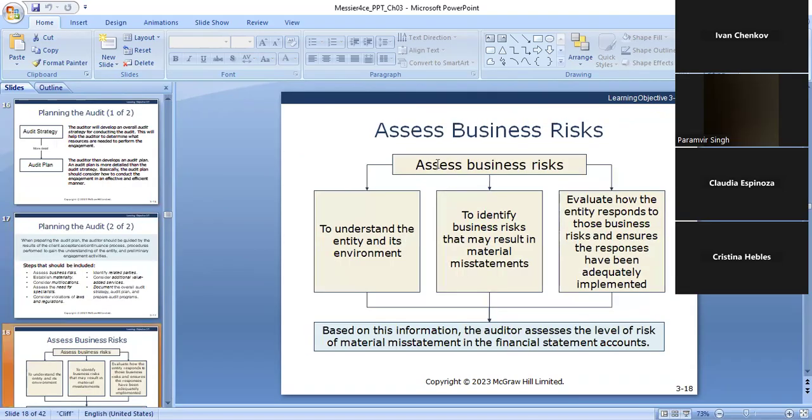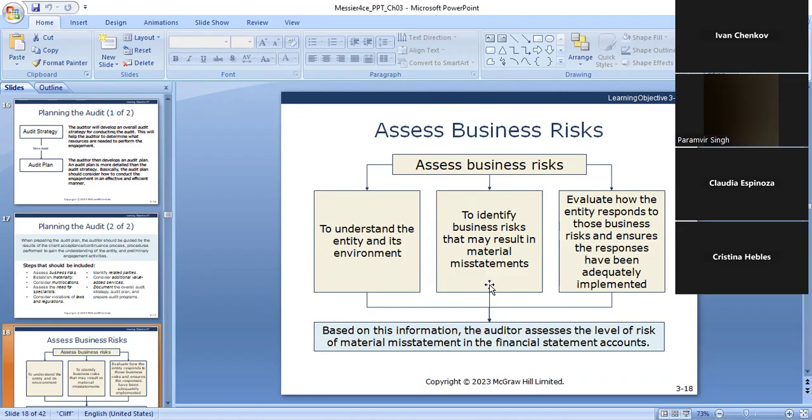Then, once we do that, assessing the business risk. In order to assess the business risk, we have to understand the entity and the environment that the entity works in. Now, to identify the business risk, we have to start looking closer.